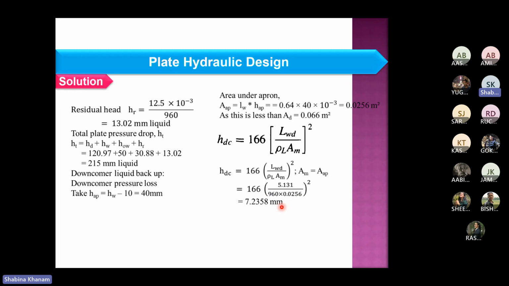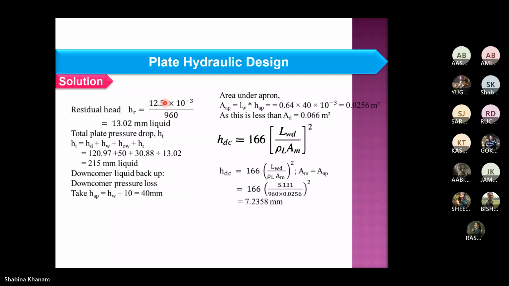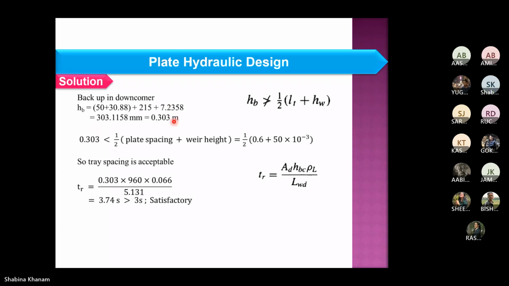So total HB we can find by this expression: HW, HOW, then this is HD and this is HDC. It is coming as 0.303, and that should be lesser than the plate spacing, which we have taken as 0.6, and weir height that we have taken as 50. So this condition is satisfied.